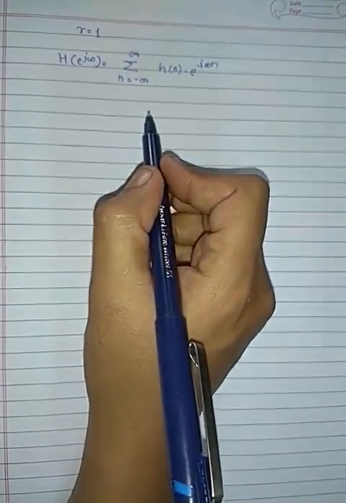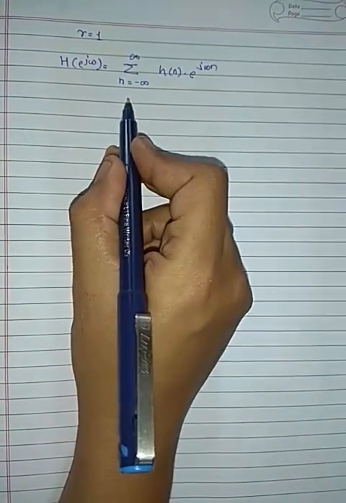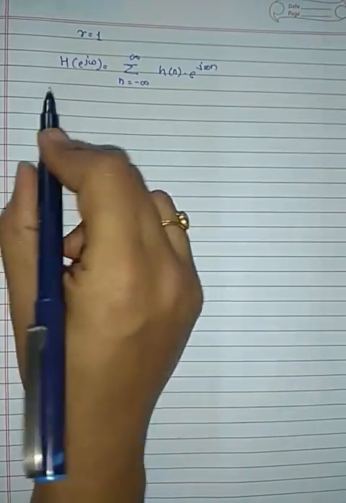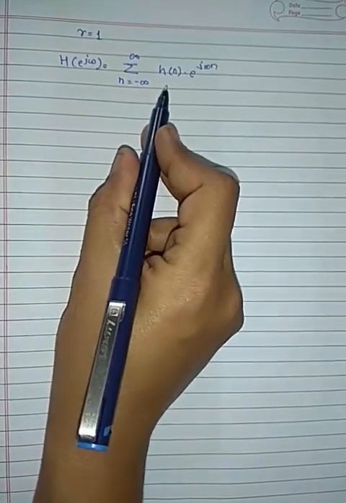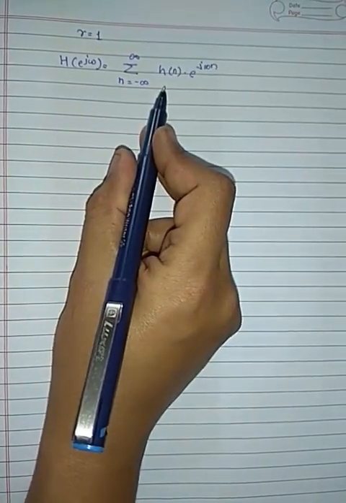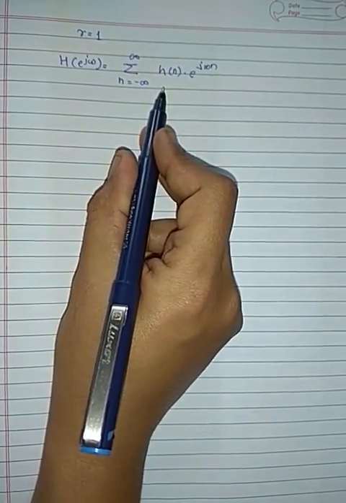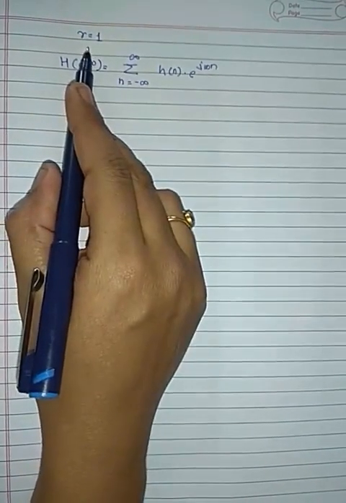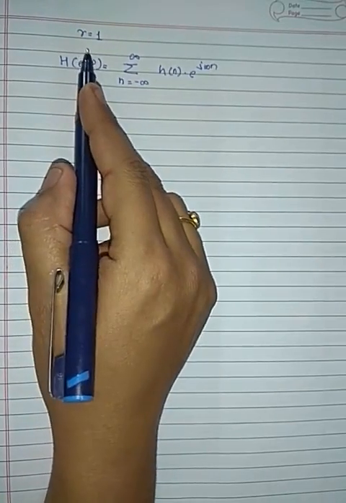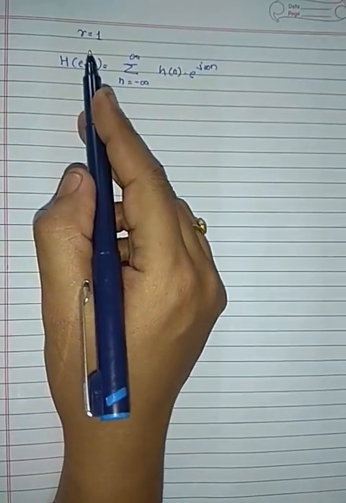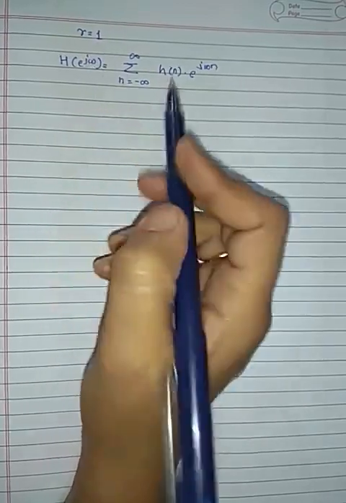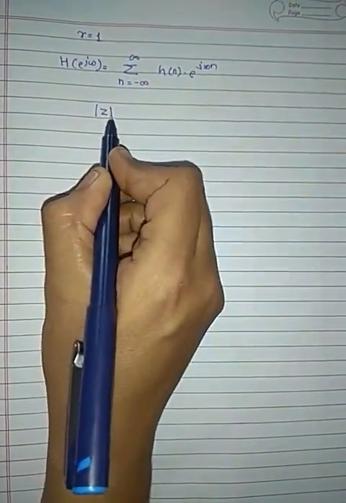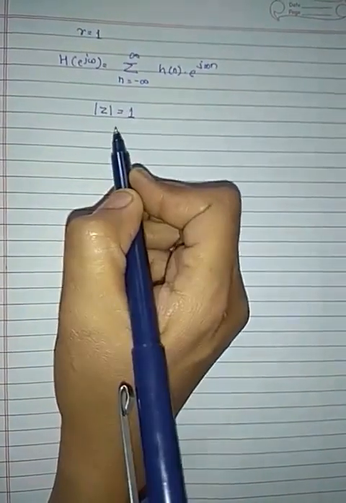Now what is this equation? This equation is nothing but the Fourier transform of our sequence h of n. So it is identical to the Fourier transform when r is equivalent to 1. In the z plane, this corresponds to the locus of points on the unit circle, modulus of z equivalent to 1.